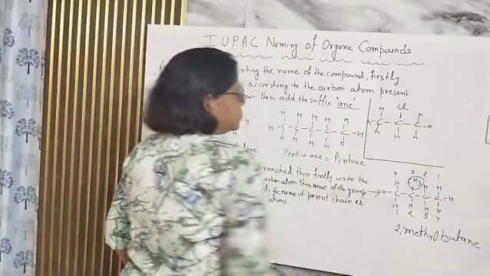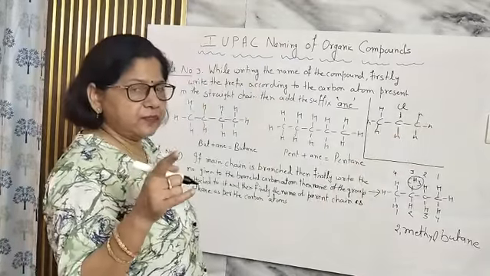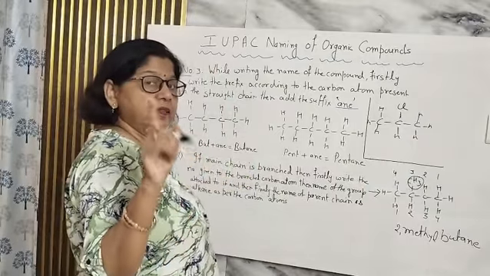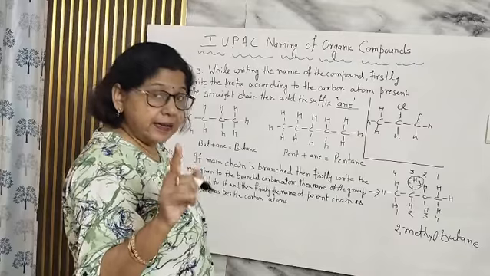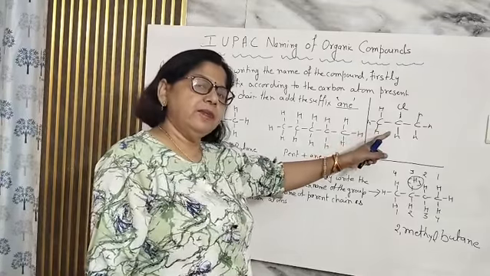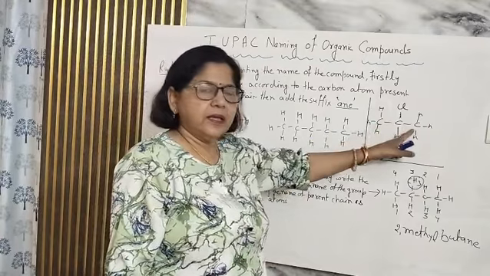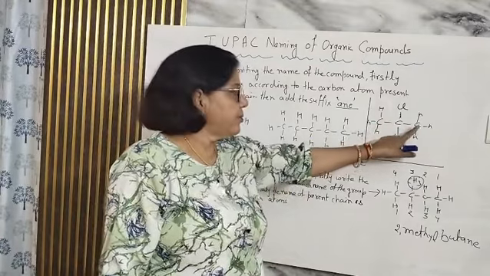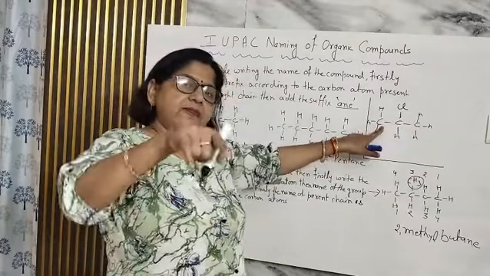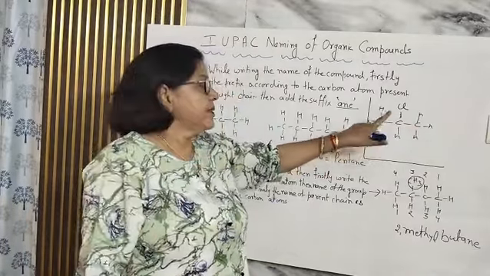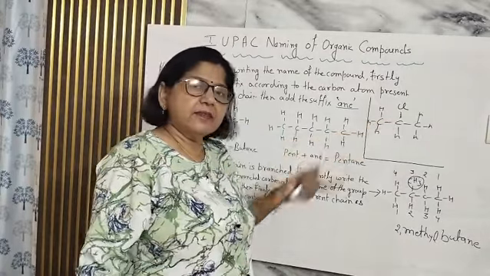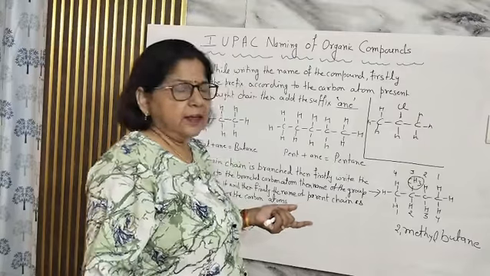So now what shall we do? As per the rule, we will count the carbon atoms in such a way that the branch carbon atom gets the least number. Now here is something interesting. If you go from left to right, 1, 2, 3. If you go from right to left, 1, 2, 3. That means in both cases, either left to right or right to left, the second carbon is the branch carbon atom. It doesn't matter, we can go either way.